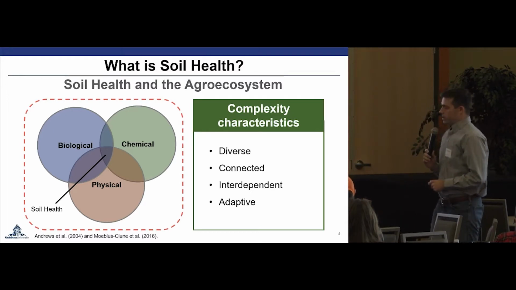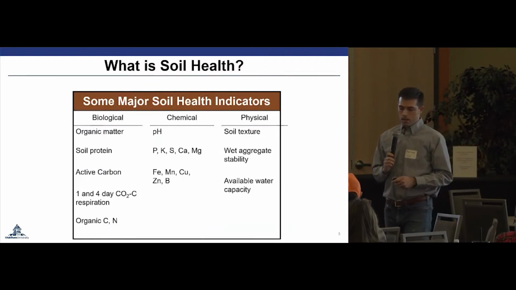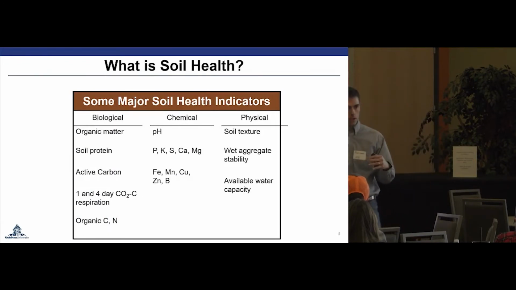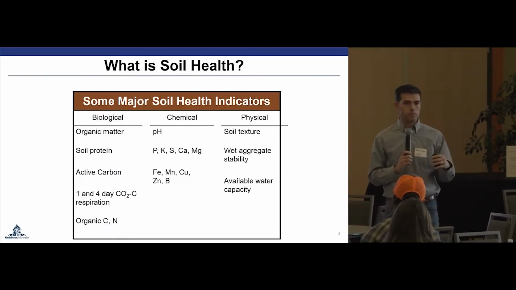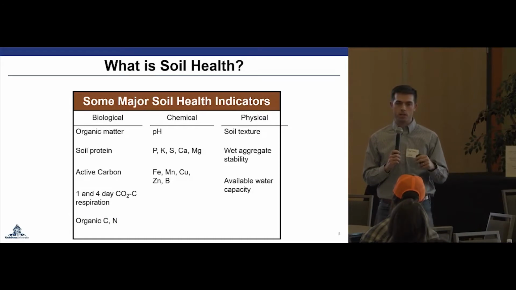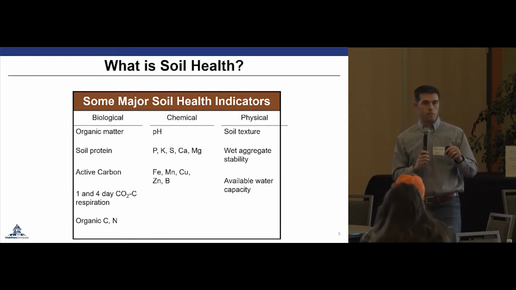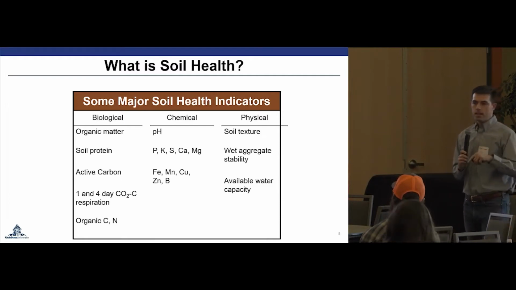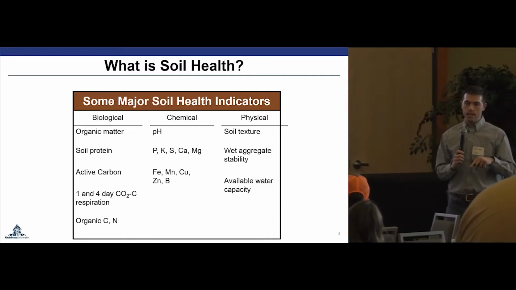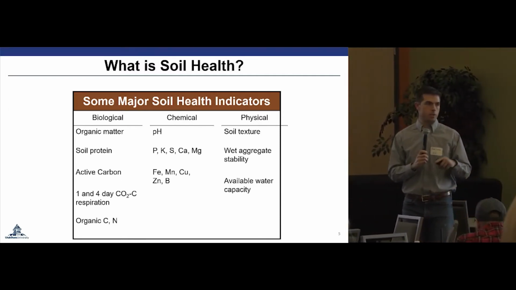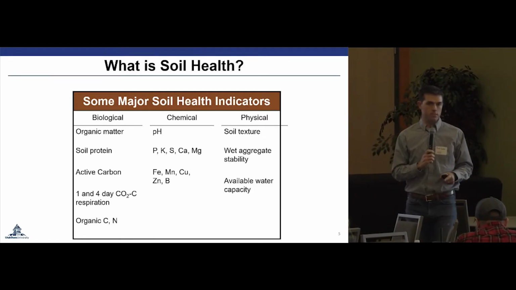So some of the major indicators of soil health: as I talk about soil health as being this concept, soil health itself isn't something that we can particularly measure, but we can measure things in the soil that can indicate certain attributes of its functionality.